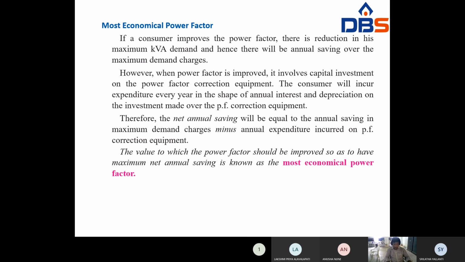Now, what is the most economical power factor? The value of power factor at which the net annual saving is maximum is known as the most economical power factor.